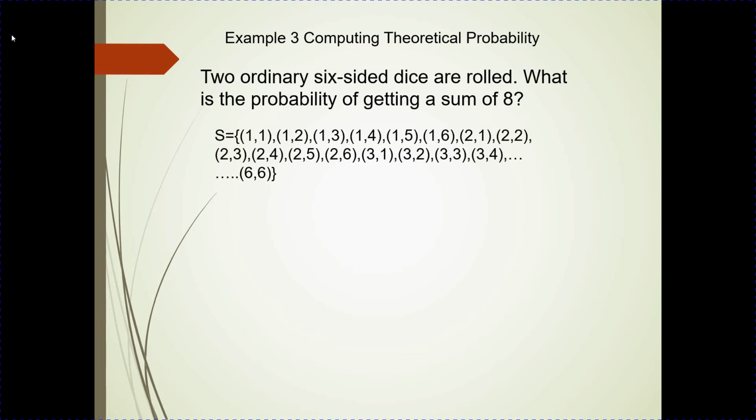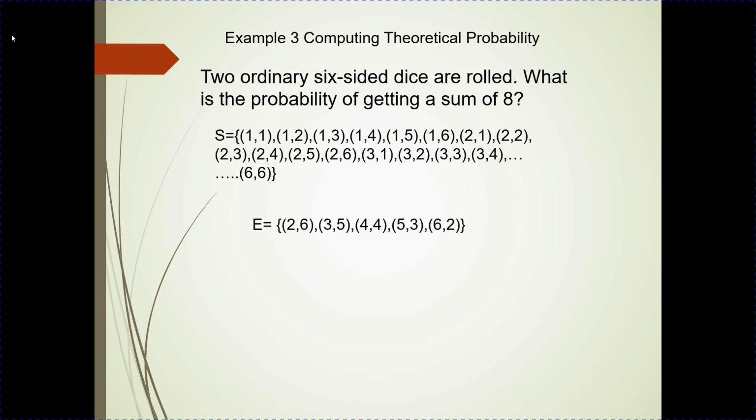On the first die 1 can appear, and on the second one 1 also can appear, and another possibility, on the first 1 and on the second 2, then it will go up to (6,6), which means that the total number of outcomes in the sample space will be 36, and the event that we are looking for is the sum being 8.